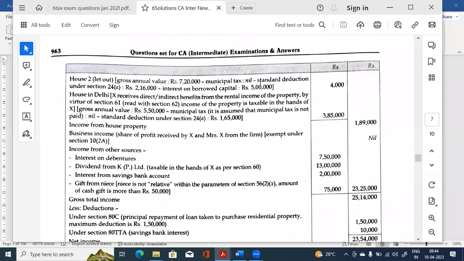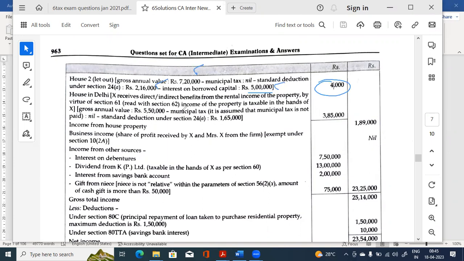But you have to be careful to the extent of what is the next one? The negative here cannot be more than 2 lakhs. Individually, he is getting 5 lakhs as deduction, so the balance amount is what remains: 7,20,000 minus standard deduction minus 5 lakhs.